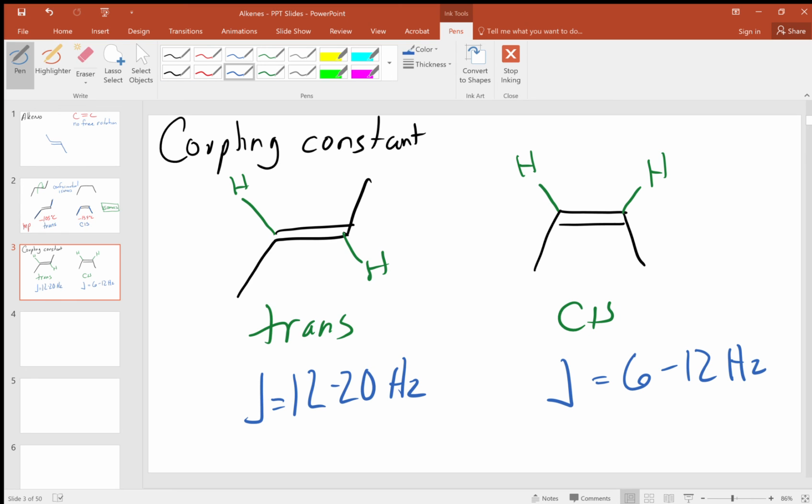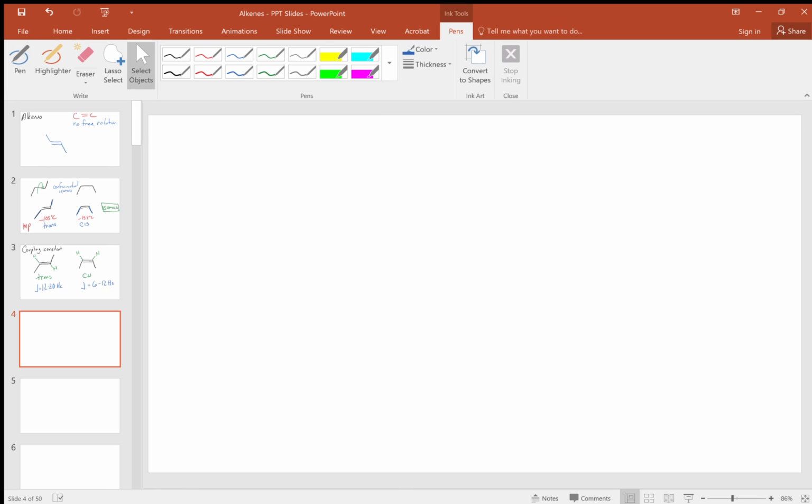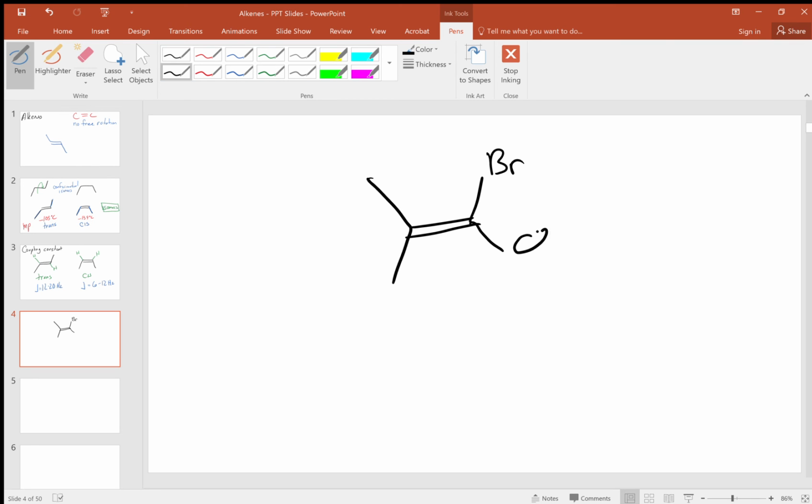But the only problem with cis and trans for nomenclature is it only works well for when we have an alkene that has one substituent on each side. For an alkene like this one that has 4 different substituents, cis and trans don't really apply.